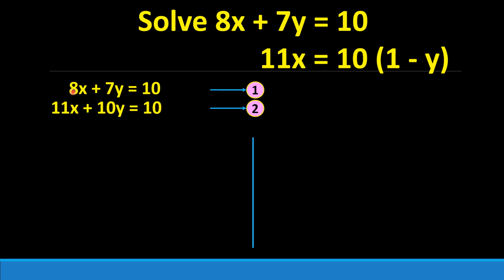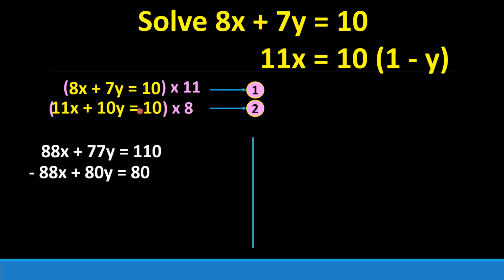We have to convert this 8 and this 11 into a same number. For that purpose, we have to multiply this 8 with 11 and we have to multiply this 11 with 8. For multiplying the 8 with 11, we have to multiply the whole equation with 11. And for multiplying this 11 with 8, we have to multiply the whole equation with 8.